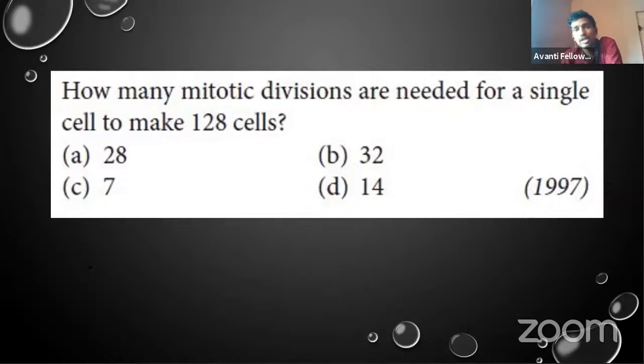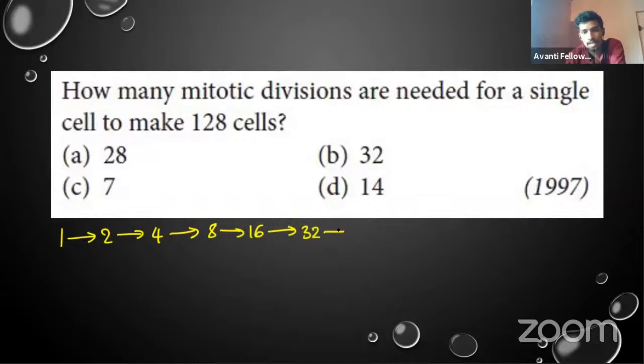How many mitotic divisions? Mitotic division is a repeated kind of division. They are asking from a single cell. So one cell will give rise to 2, 2 will give rise to 4, 4 to 8, 8 to 16, 16 to 32, 32 to 64, and 64 to 128.